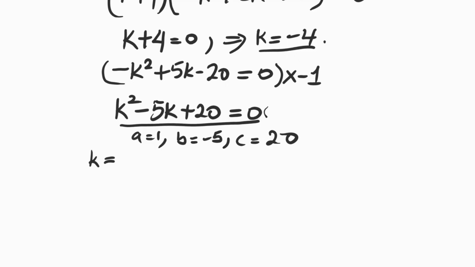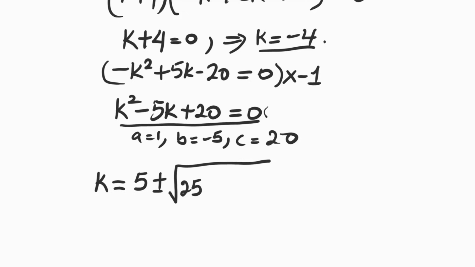Now using the quadratic formula, we have that k is equal to minus b, that's positive 5, plus or minus the square root of b squared, minus 5 squared, that's 25, minus 4ac, 20, divided by 2 times 1.